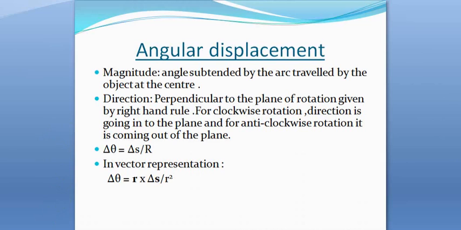So let's see this with the help of an animation. So here we can see that this delta S is the arc of a circle, and this is the center of the circle.